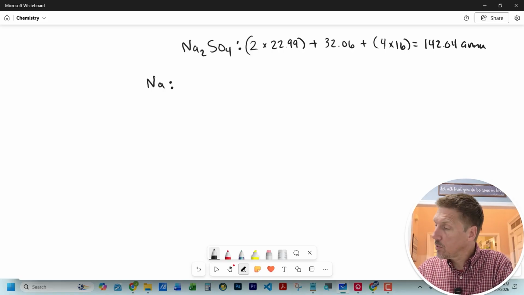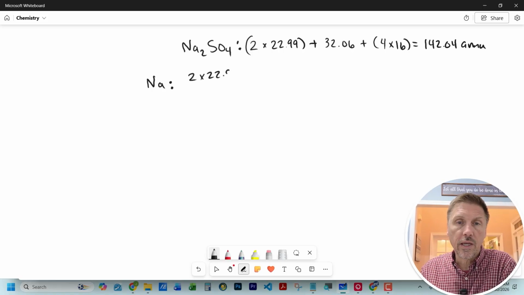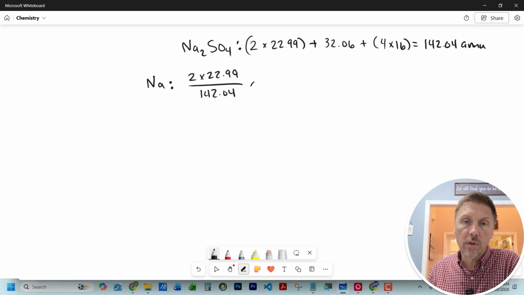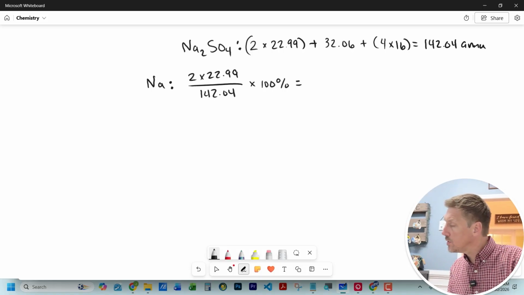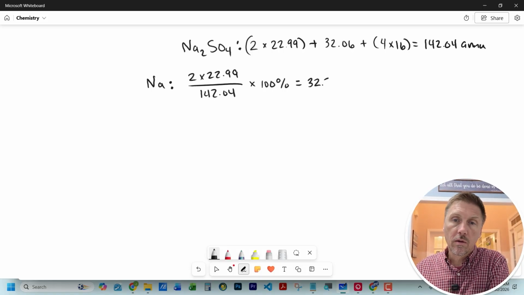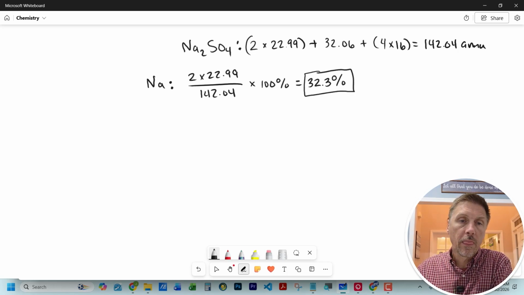So for Na, for example, we have 2 times 22.99, divided by the total mass in AMU, which is 142.04. And then we're going to take that value and multiply it times 100%. So that's going to give us a value of 32.3%. That's how much Na is in this compound. For S, we're going to write down the atomic mass, 32.06, divided by the total atomic mass of the molecule.